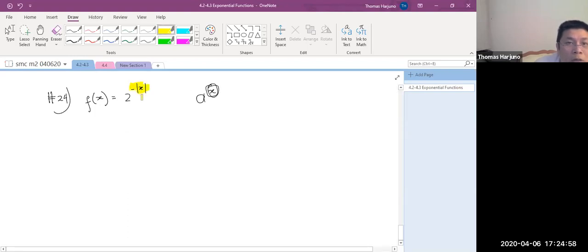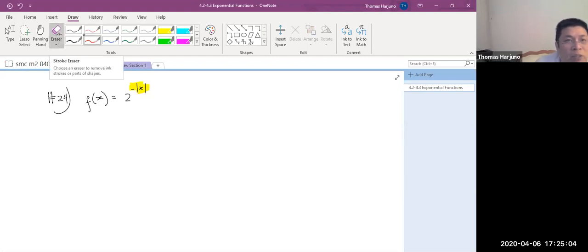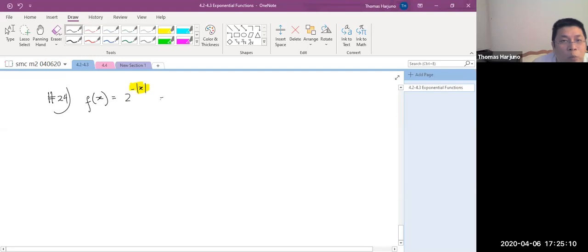Okay, but then how do I graph that here? It's not a basic exponential function, but how do we graph that? Then we break it up. We know that when x is positive, what happens to absolute x?